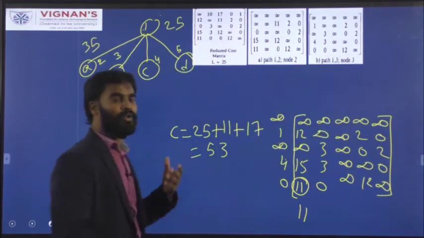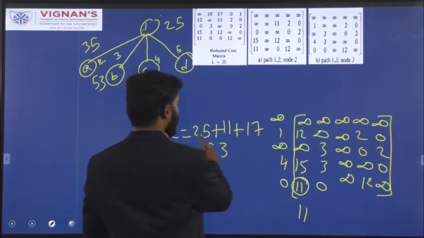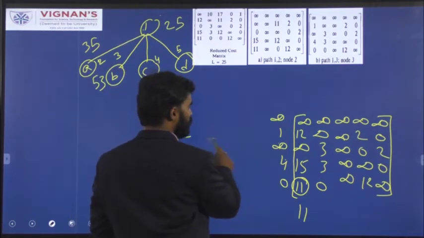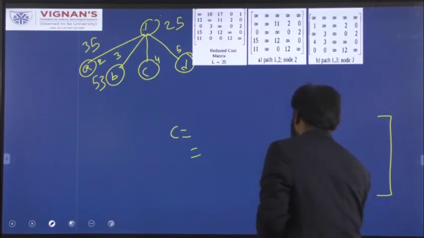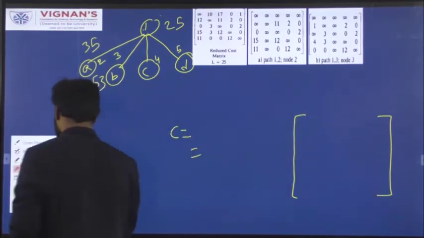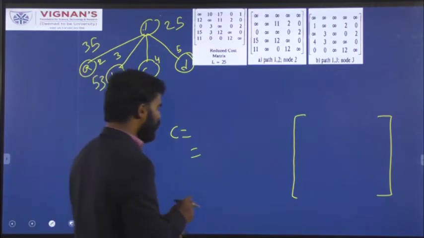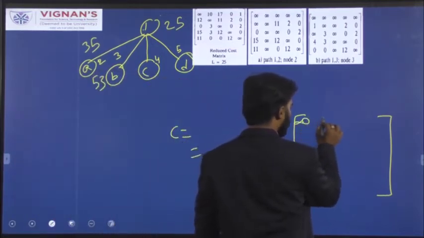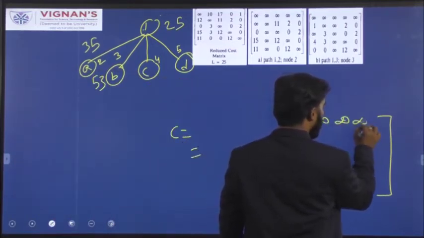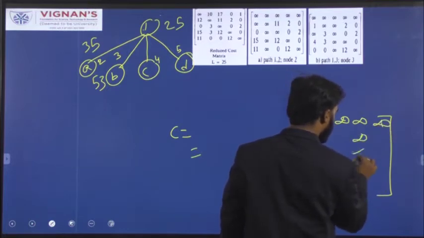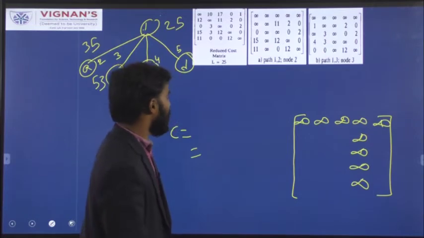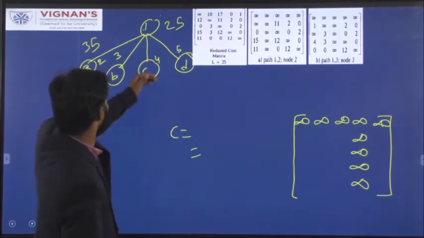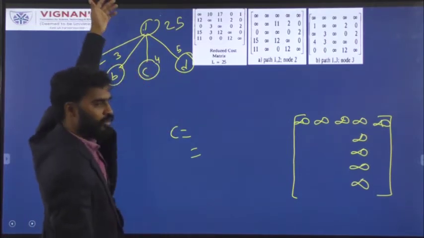This is the matrix for node A, and this is the final matrix for node B. Let's do the same thing for node C also. Node C is nothing but 1 to 4. So when I say 1 to 4, you have to make the first row and fourth column as empty, as well as the distance from 4 to the root node as empty.